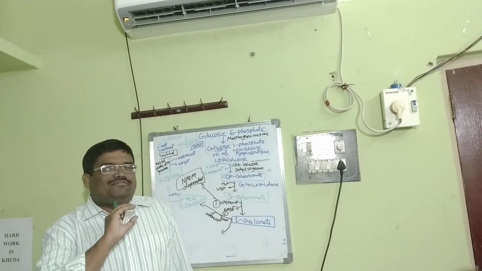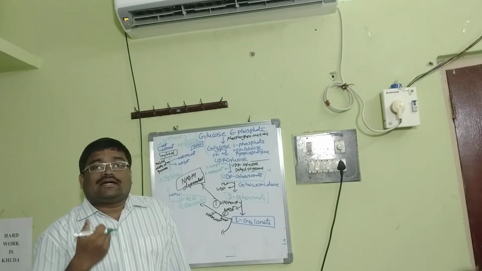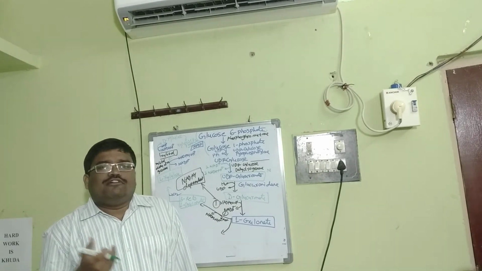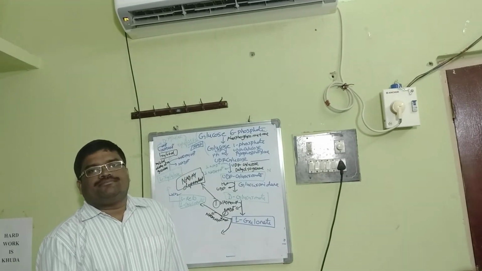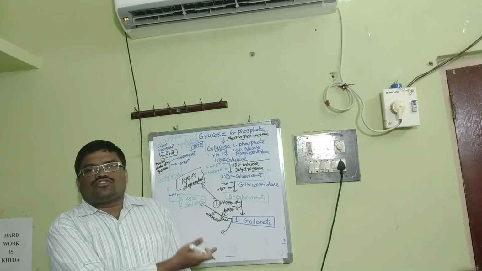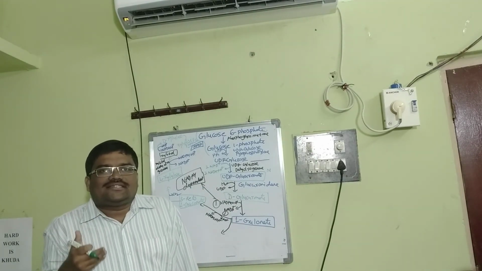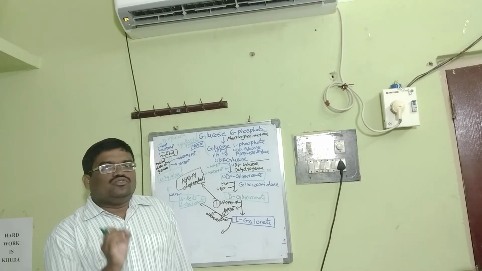If there is no xylitol dehydrogenase, the affected person will excrete a lot of L-xylulose in urine, since L-xylulose should become D-xylulose. That disorder is called essential pentosuria.